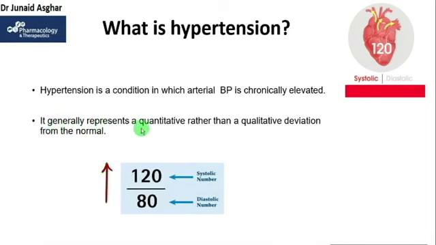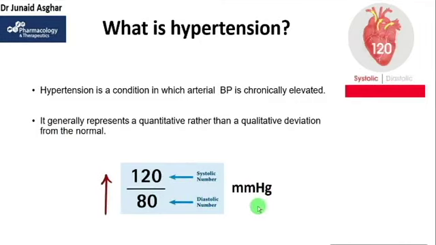Hypertension basically is a deviation from these normal numbers to abnormally high numbers. It generally represents a quantitative rather than a qualitative deviation from the normal. These are quantities, so it's a deviation of the quantities to abnormally high numbers. We shall discuss these high numbers in the coming slides.